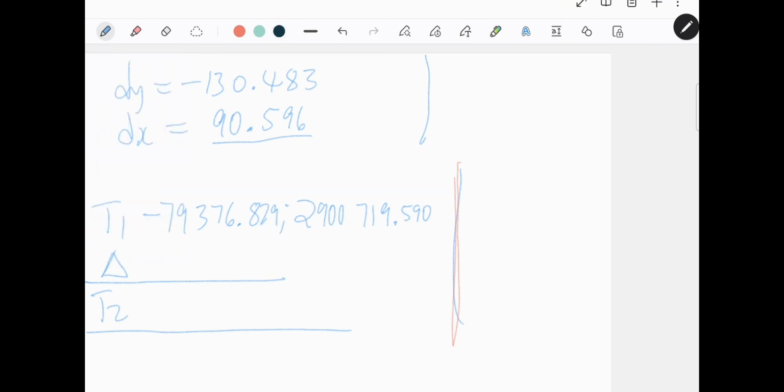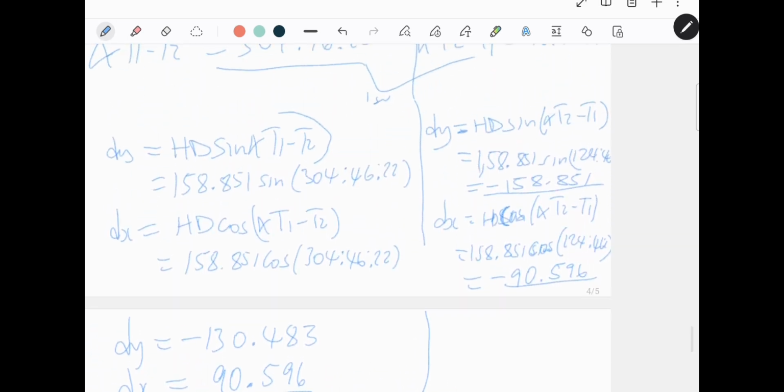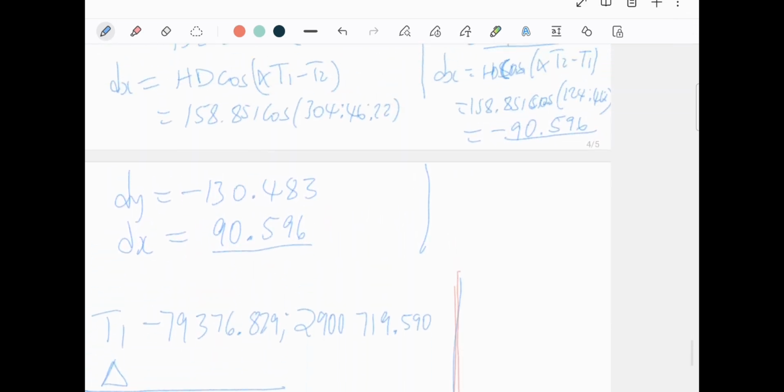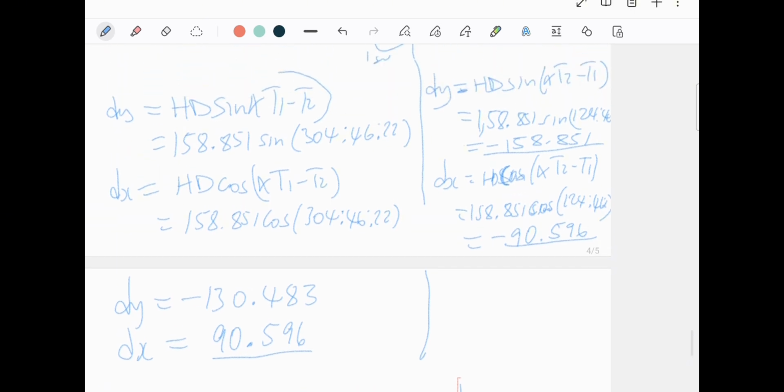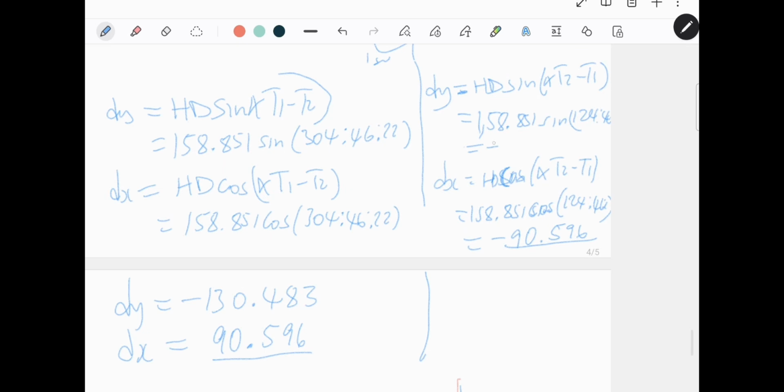Then you have your changes, your dx, your dy being negative 130. You're supposed to get negative 130.483, but when I add positive for dy, positive 130.43.